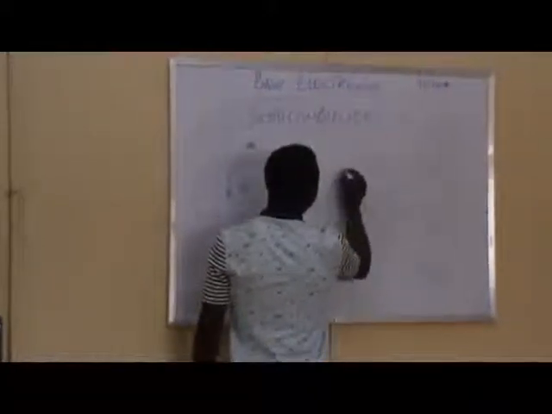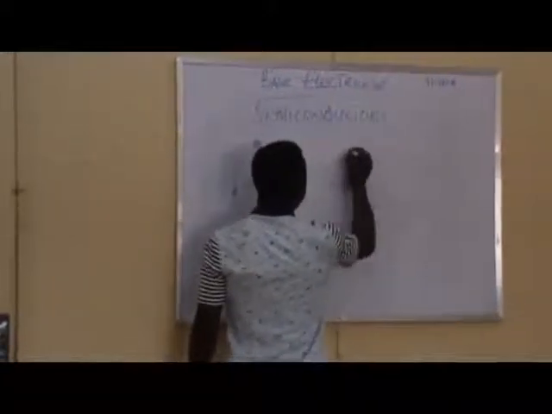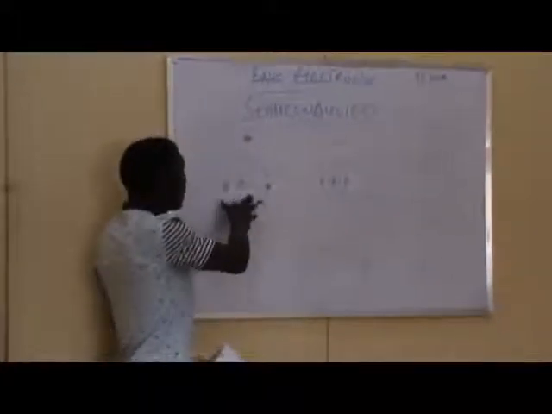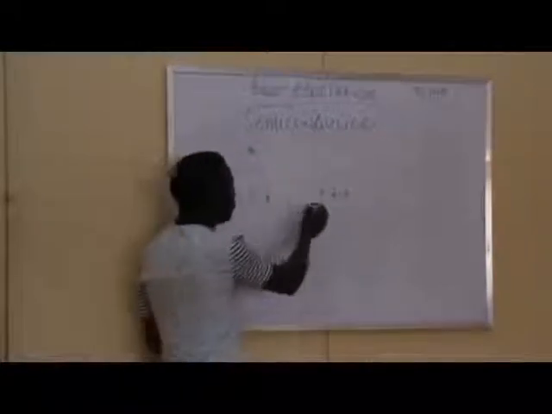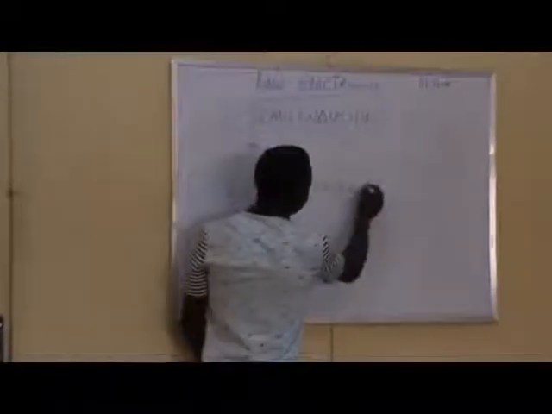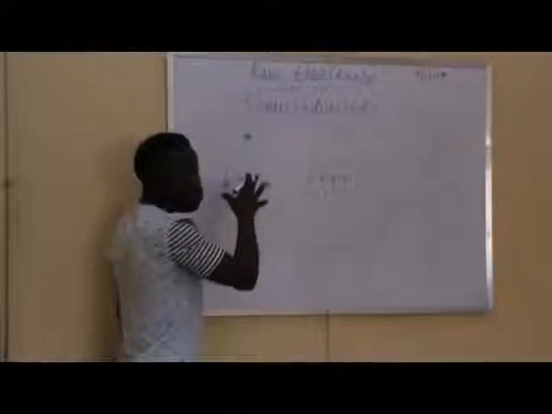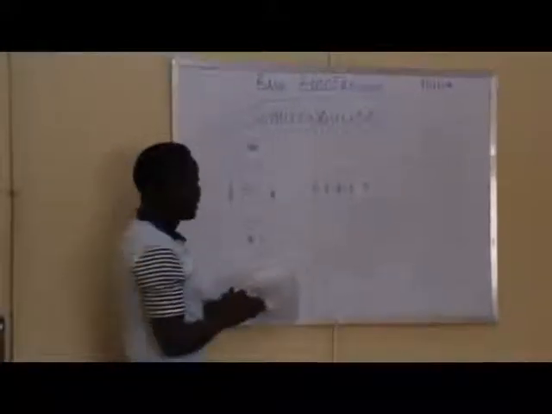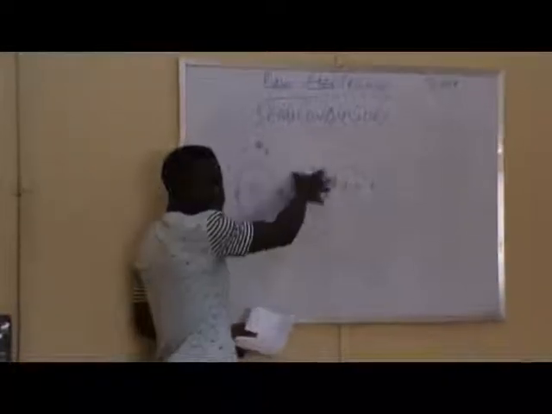It loses some of its electrons. When the electrons move, this place becomes empty. It becomes a hole now. And that makes it a free electron.